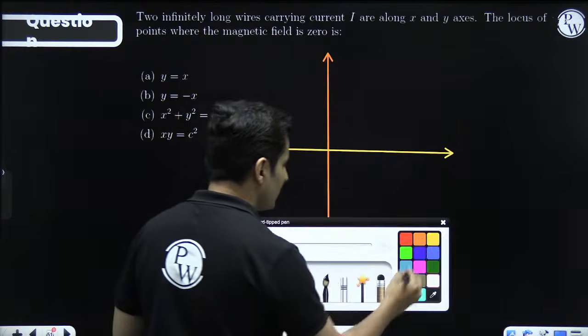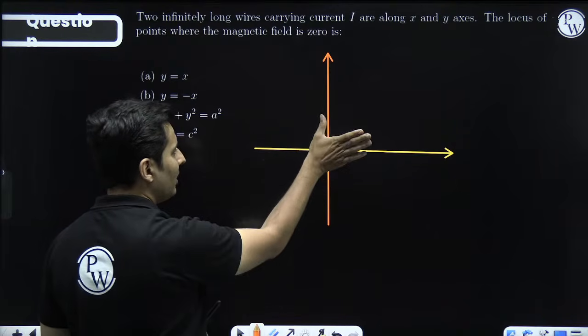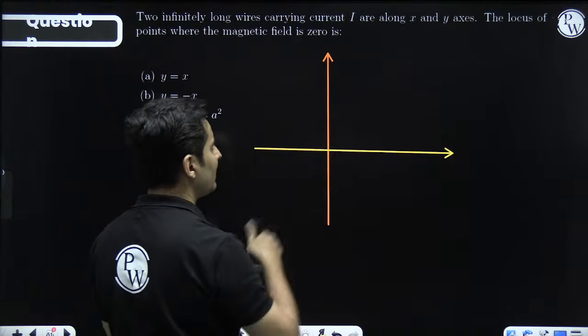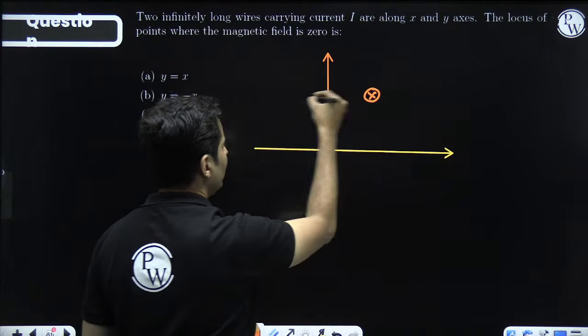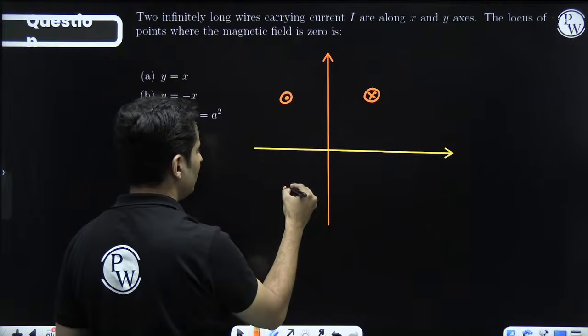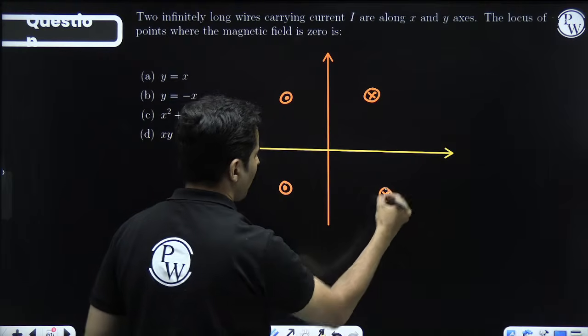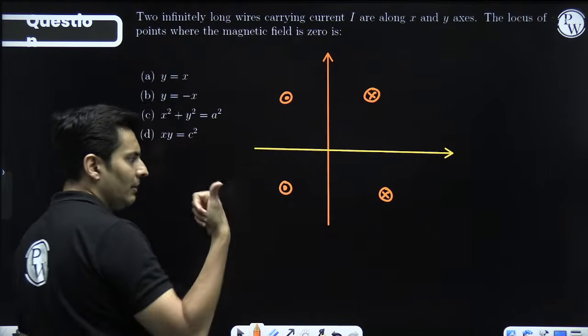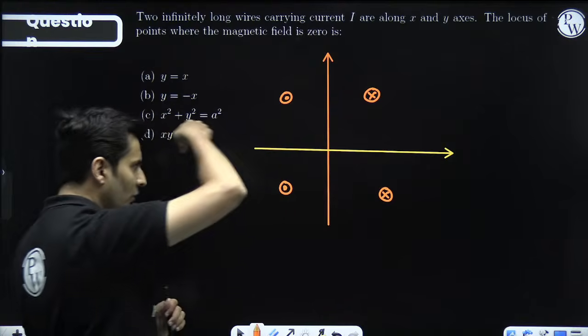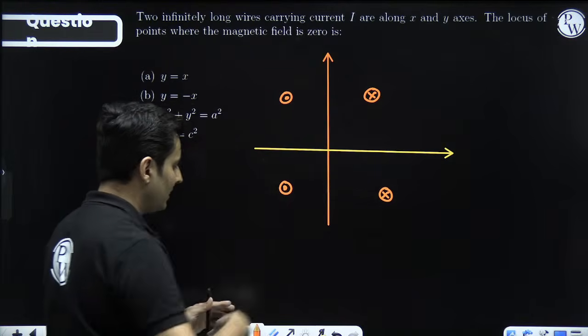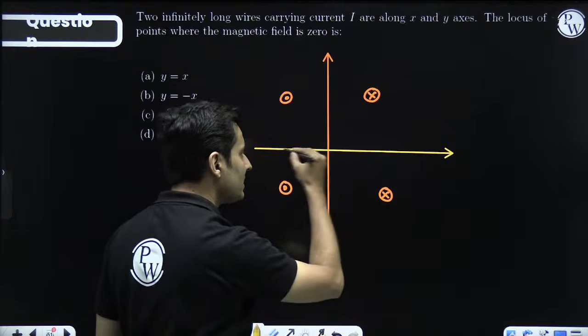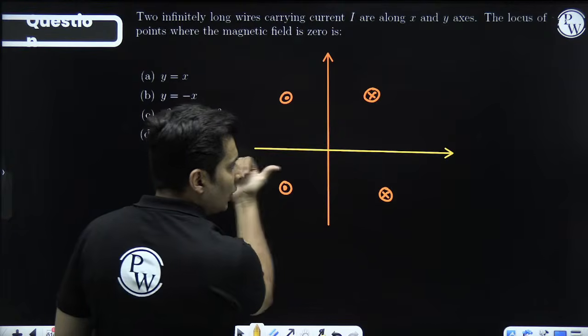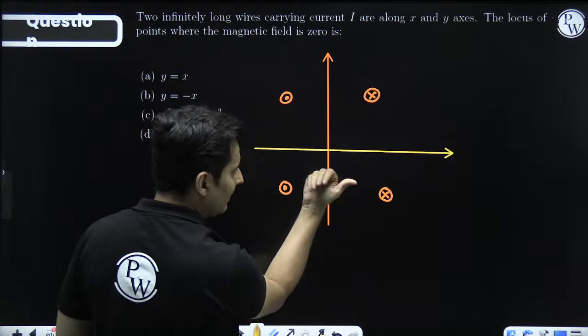See, this wire carrying current up the y axis, magnetic field will go inside over here and it will come outside on this side. That's how it will be. It will go inside from behind, come towards you and again go inside. But if you look at this current, hold the thumb in the direction of the current, magnetic field lines are like this.